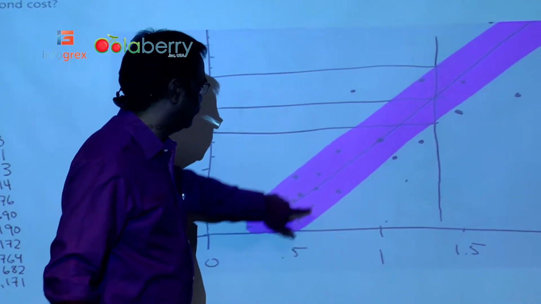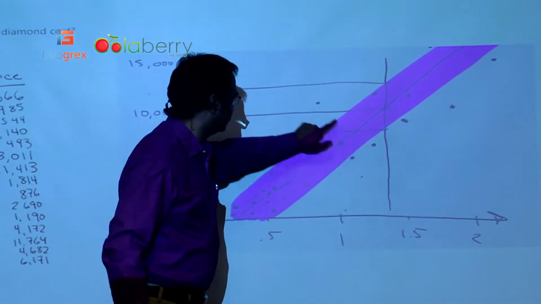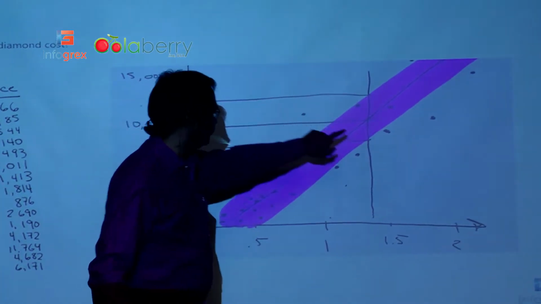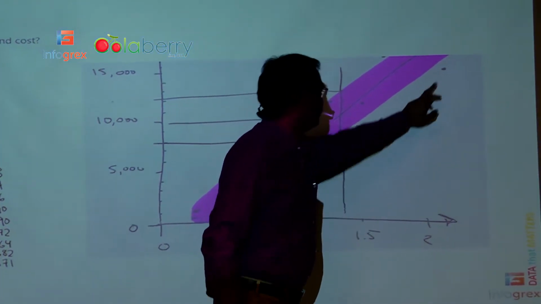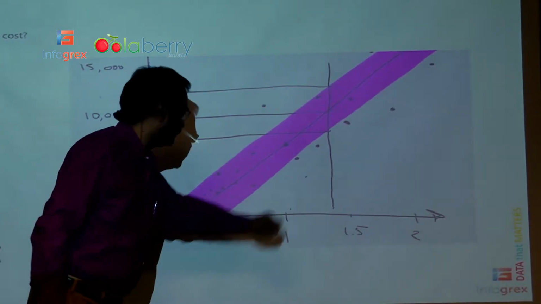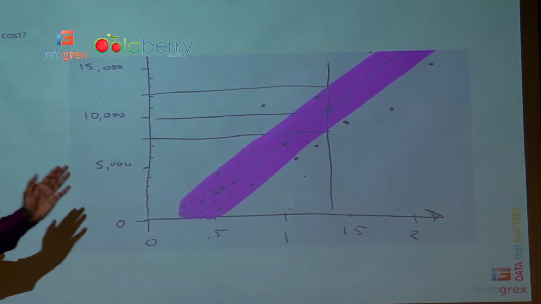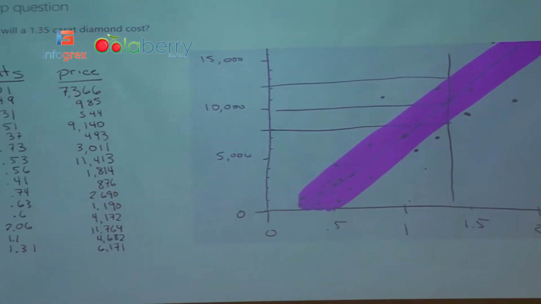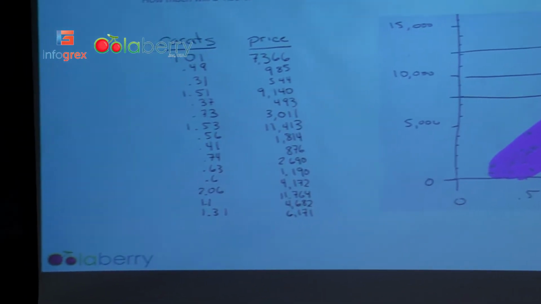Only a few points are missing, maybe 1, 2, 3 or 4 points, and the remaining points all fall inside that envelope.